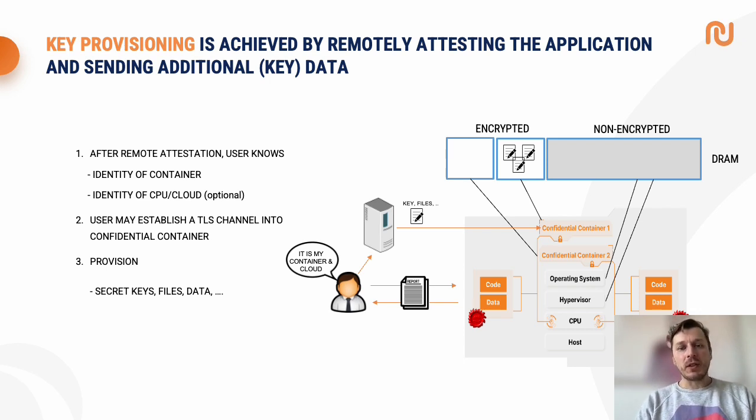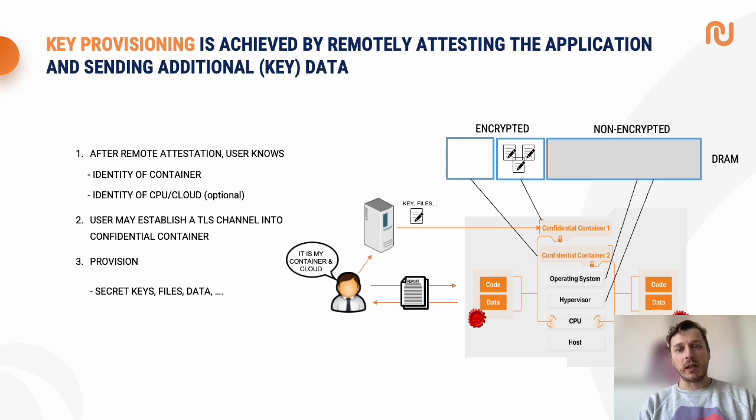And secret key provisioning is a protocol that, first of all, allows the user to remotely attest that he's now talking to an enclave, and to an application he knows he can trust. And before effectively starting the application, he can provision through a secure SSL/TLS protected channel the secrets in order to parameterize, configure, or maintain the application.